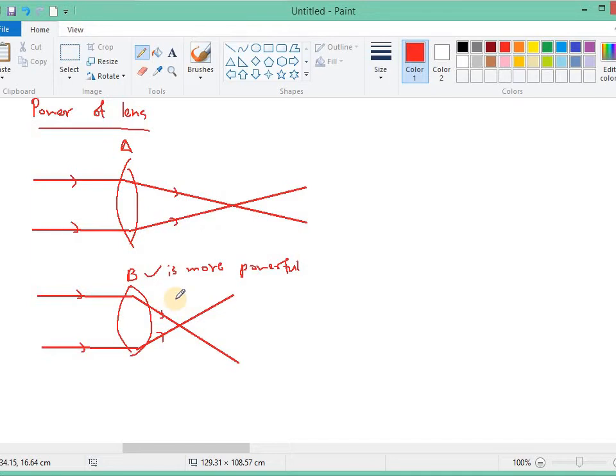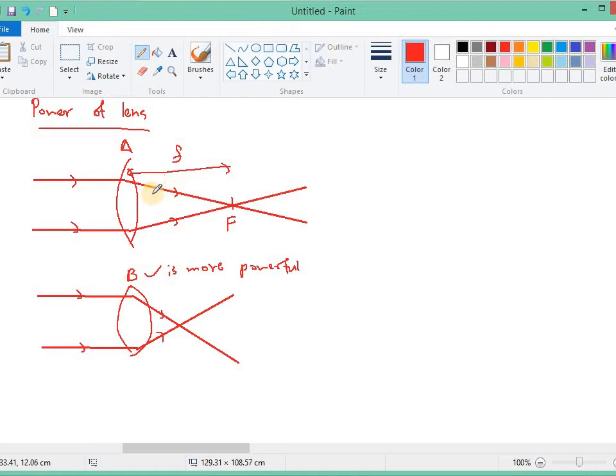So how do we know whether a lens is more powerful or less powerful? We can just know by looking at the focal length. So as you can see, if it is less powerful, if it bends the light a little bit only, then the focal length will be longer. So this is the focal point, right?